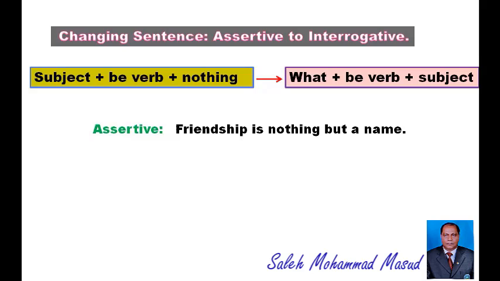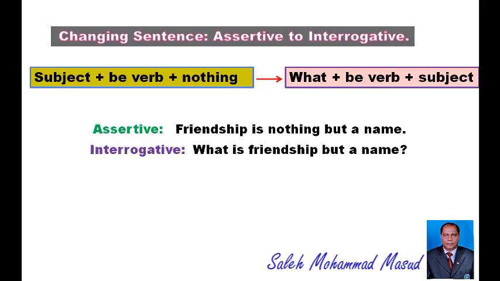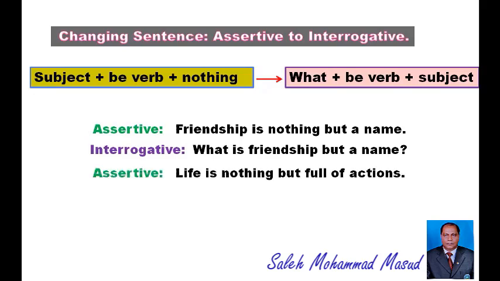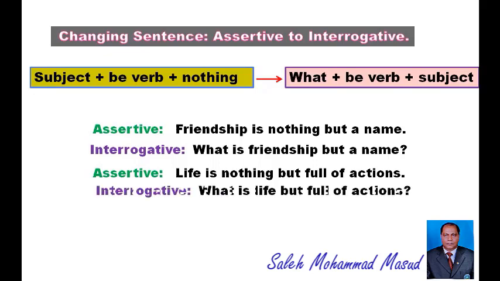Assertive: friendship is nothing but a name. If we make it interrogative, the answer would be, what is friendship but a name? Again, life is nothing but full of actions. The interrogative form would be, what is life but full of actions?